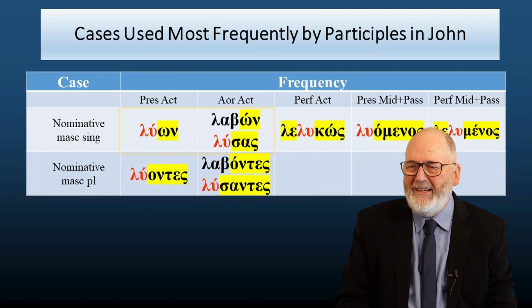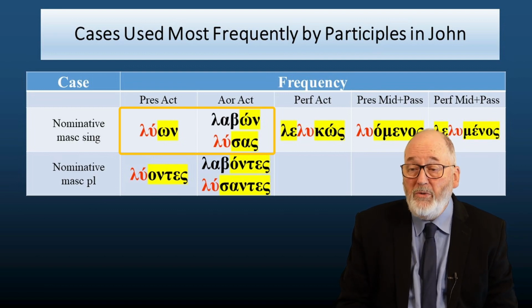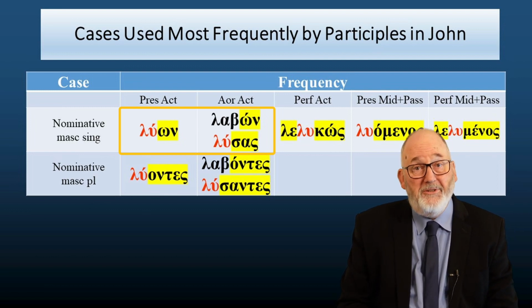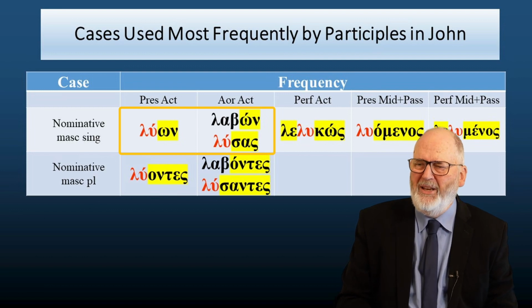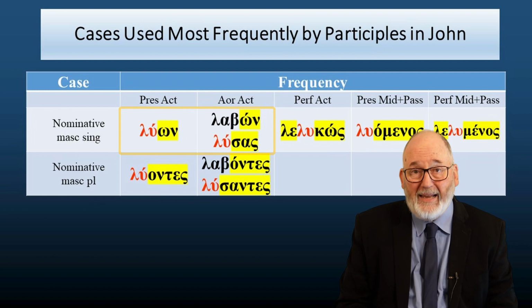They are the nominative singular of the present and aorist actives, and that is the ending ōn. So lūōn. And in the aorist, we've got the strong aorist, which uses the same ōn ending, for example labōn. The weak aorist uses lūsas.